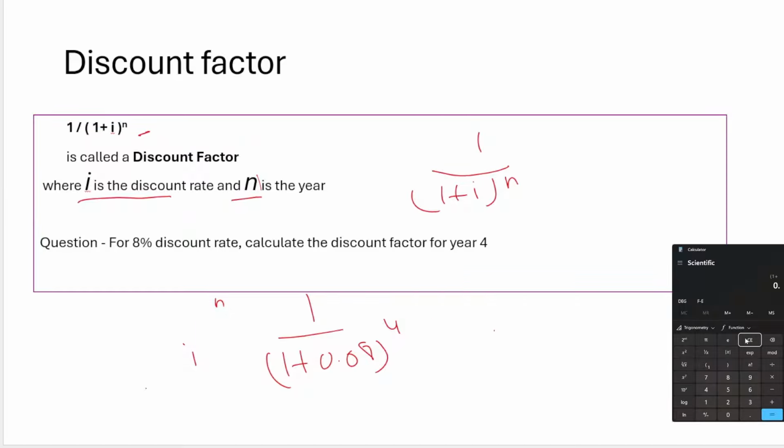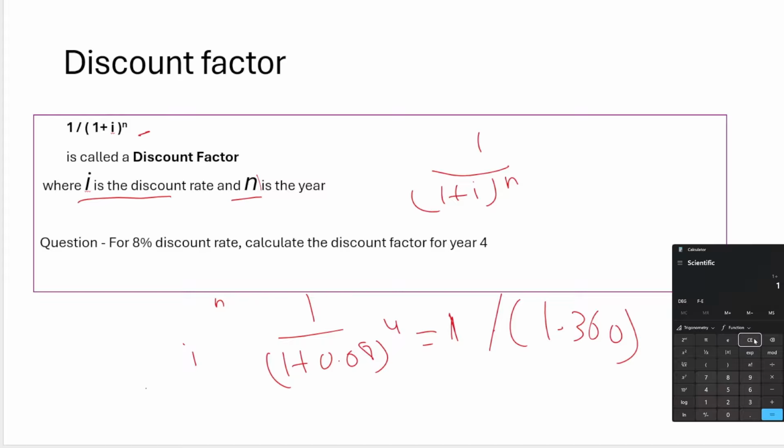One plus 0.08 to the power of 4 will give us 1.360.